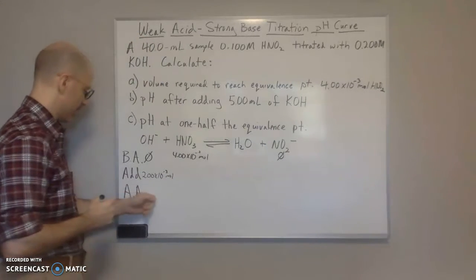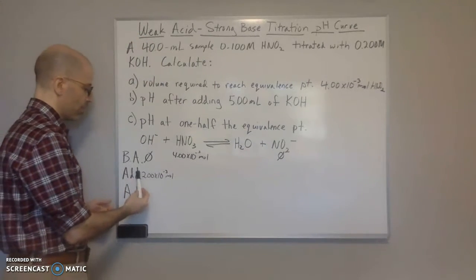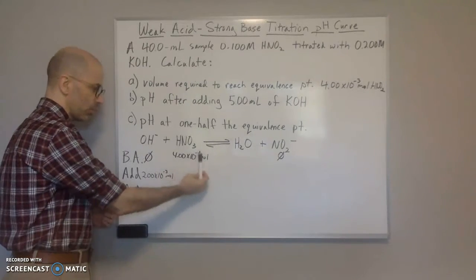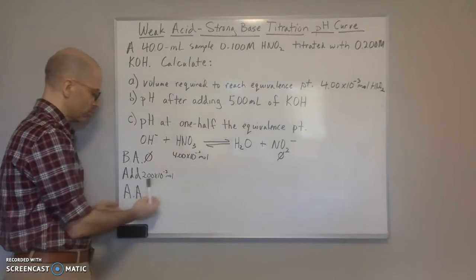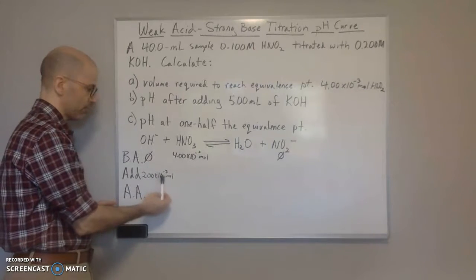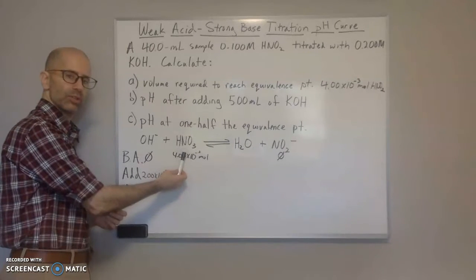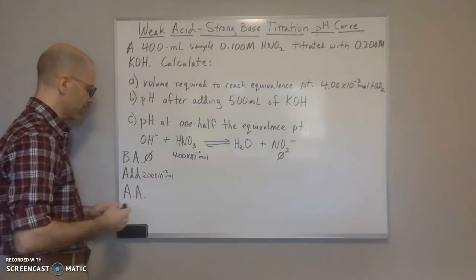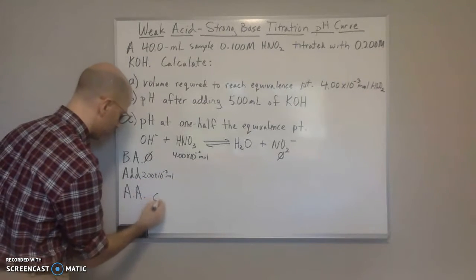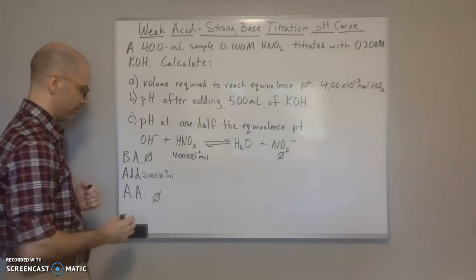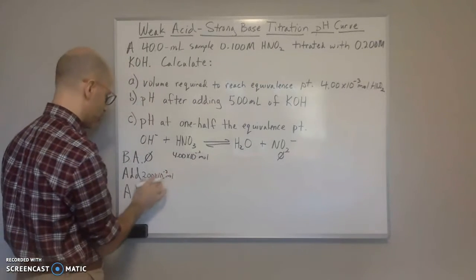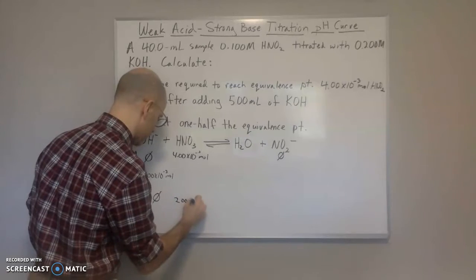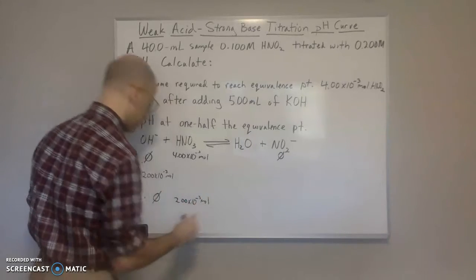Now what happens after you add it? Because this is a strong base, it's going to react completely with equal amounts of this. So 2.00 times 10 to the negative 3 moles is going to react with 2.00 times 10 to the negative 3 moles of your weak acid. When that happens, you're going to have 0 amount of OH left, and you subtract this from this and get 2.00 times 10 to the negative 3 moles.